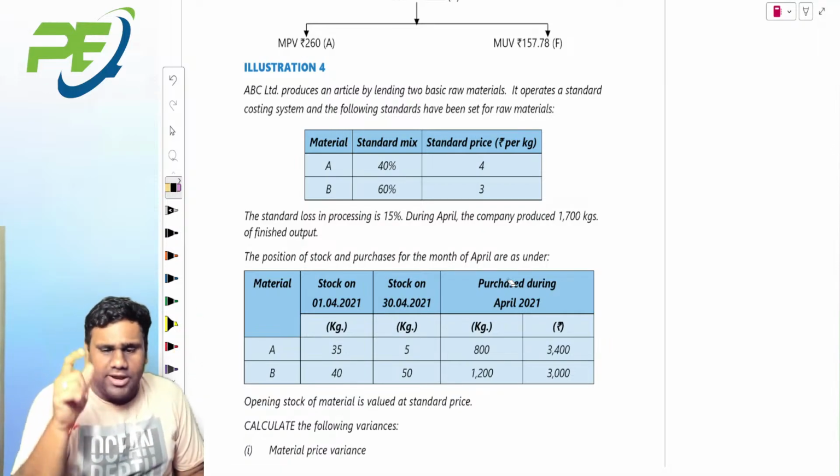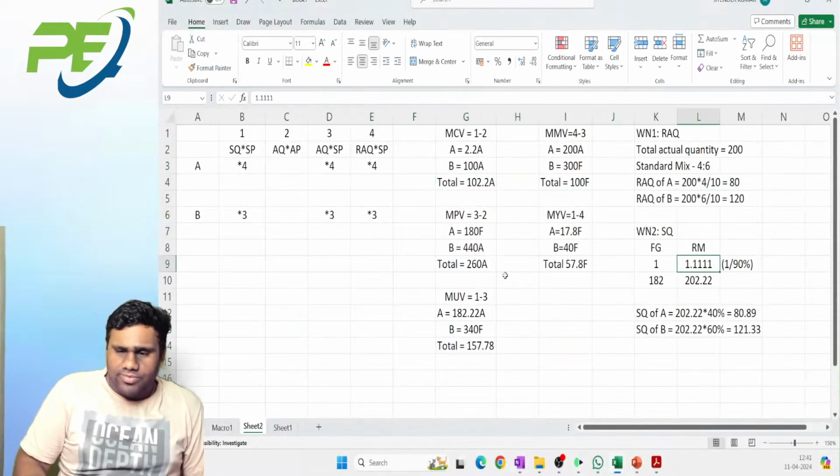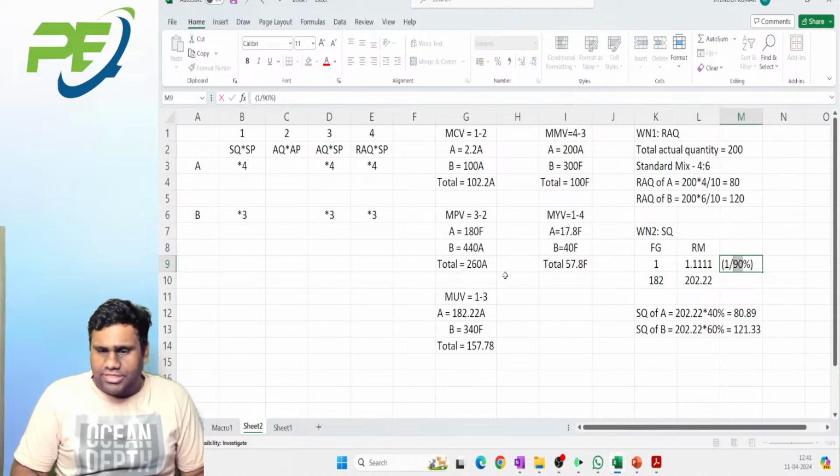During April, the company produced 1,700 kg. So, shall we do this now? Yes. So, 1 divided by 85%.